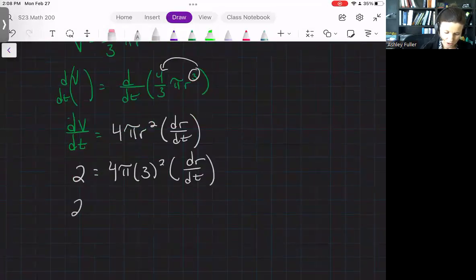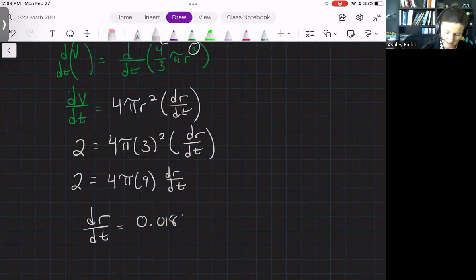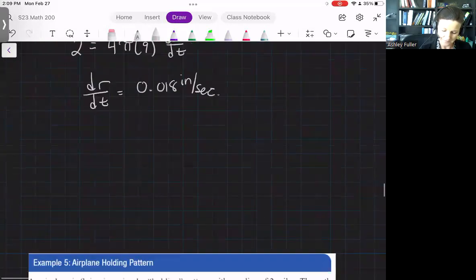I end up with 2 is equal to 4 pi times 9 dr over dt. When I solve, I divide both sides by 36 pi, and dr over dt is going to be 0.018 inches per second. That's the rate at which the radius is changing with respect to time when the radius is 3 inches.